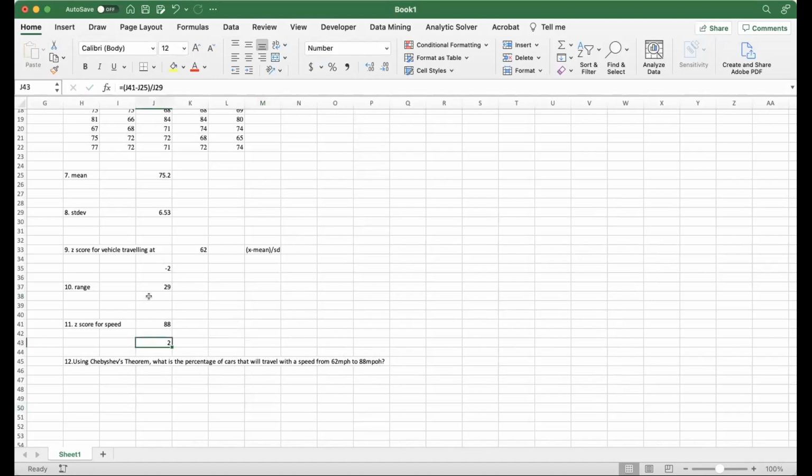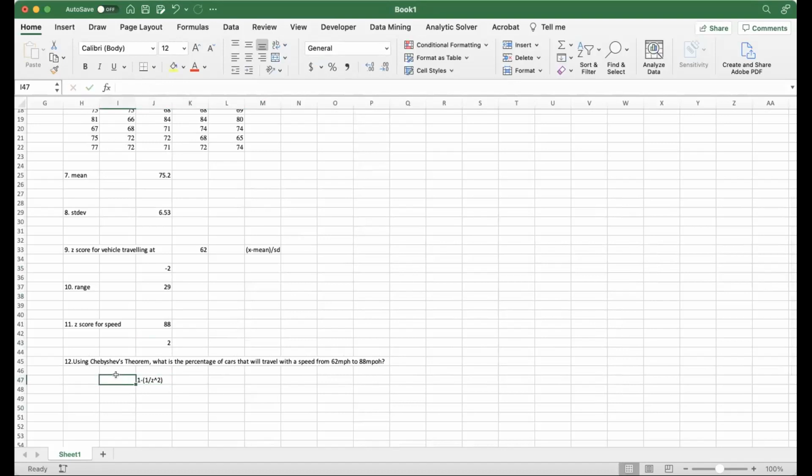Because whether you use 2 or -2 in the Chebyshev formula, you're going to be squaring it, so it's not going to make a difference. So the Chebyshev formula is 1 minus 1 divided by z squared. So I'm going to put that right here, 1 minus 1 divided by z squared.